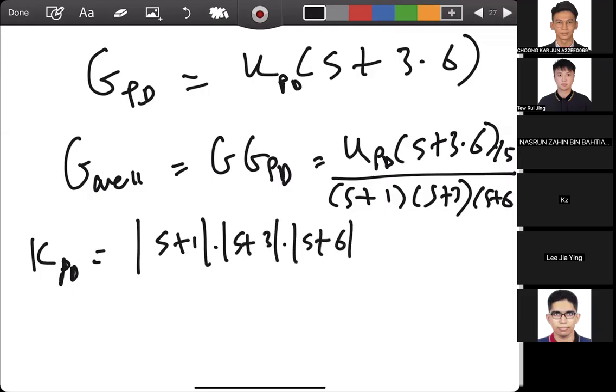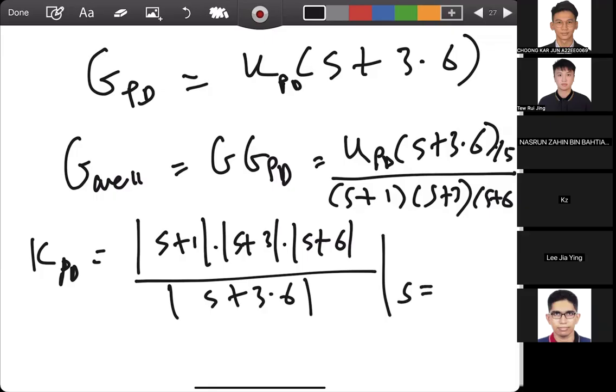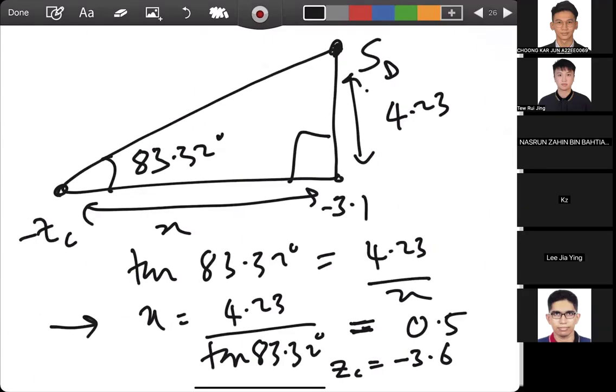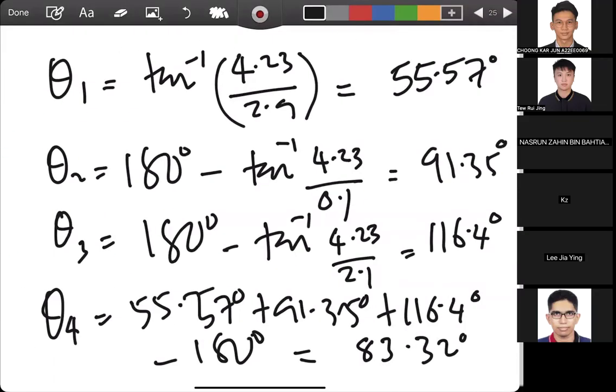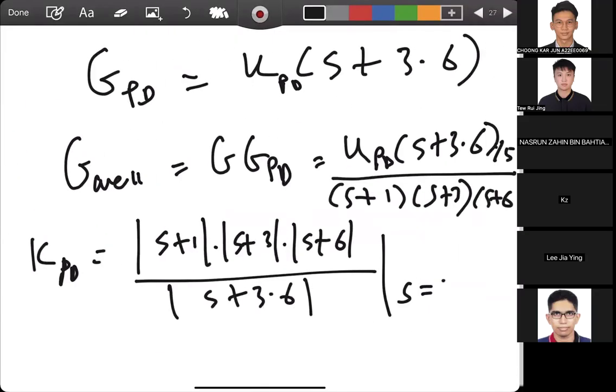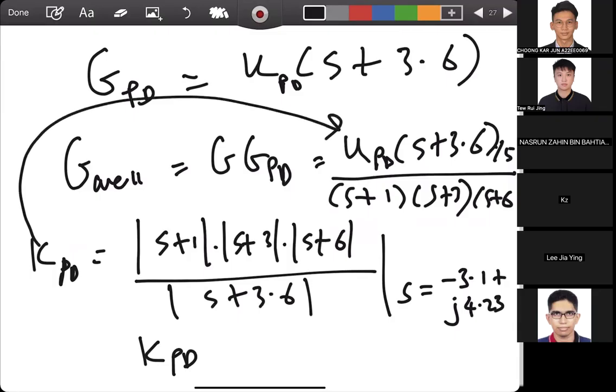Well, okay. So we replace with the dominant pole, which is here, minus 3.1423. Okay, where you get the APD. Then you insert inside here, multiply with 15, so you got overall.